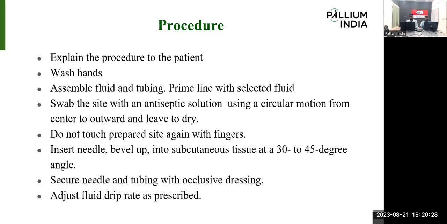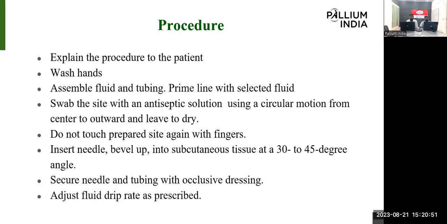Then mainly we use the scalp vein set or SV set, the butterfly cannula, for putting into the subcutaneous space. So insert the needle. While inserting, the bevel, the tip of the needle, which looks like a cross section, should be in the upward position.